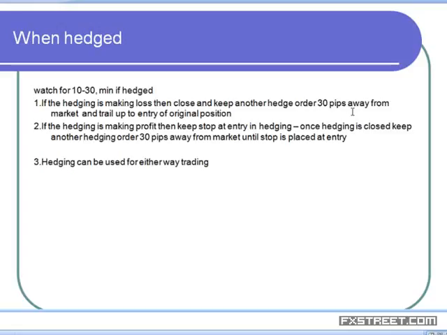Why? Because if it is hedged, we try to keep the stop at entry and close it, or we cut it with a nominal loss and keep another hedging order and keep going with the original position and try to maximize the profit. This way, we will not be unnecessarily booking loss. And also, we will be able to identify the type of moves the players make, and we are very sure that the players cannot continuously drop the market or continuously raise the market.